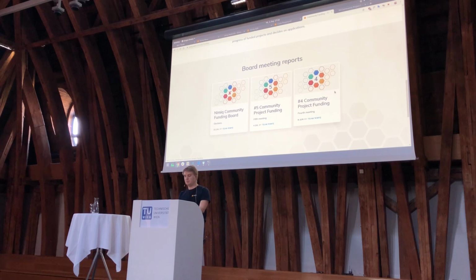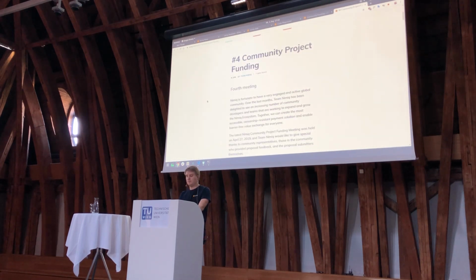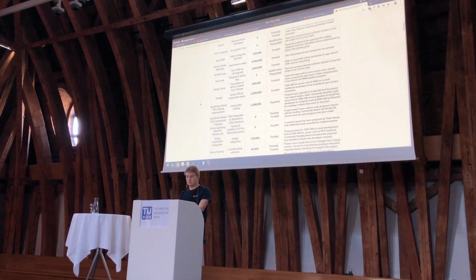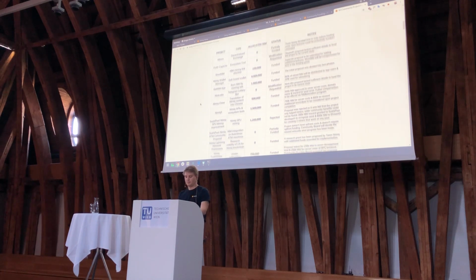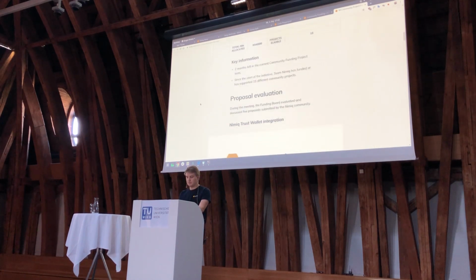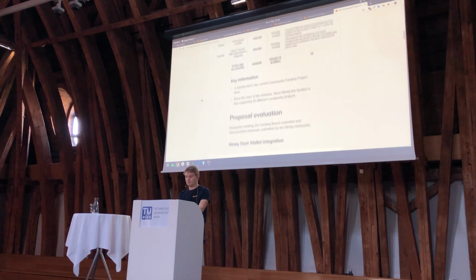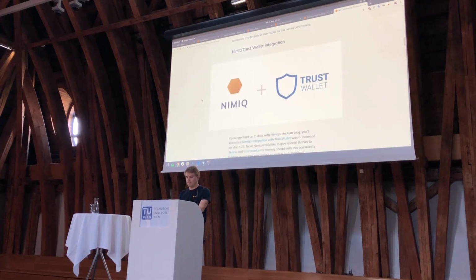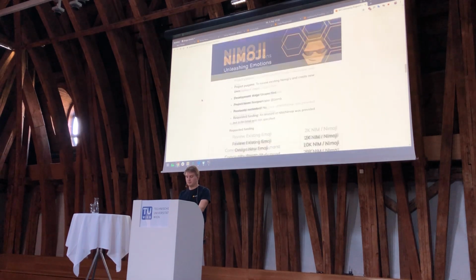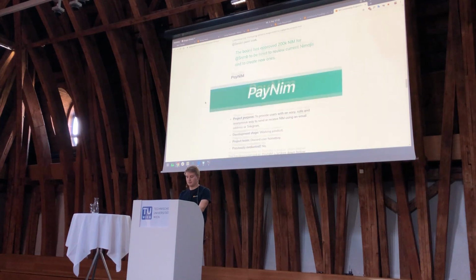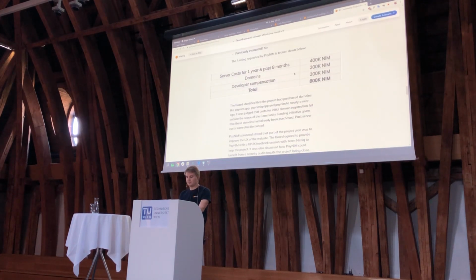And in these blog posts, the projects that are funded are listed. So this is actually a list of all the ones listed so far that have been considered and funded so far. And then this lists the different projects that requested funding and got funded. And then we see how much.